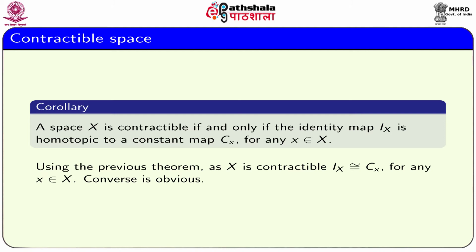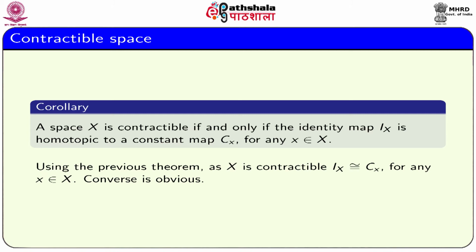Now, as a corollary to the theorem, we get the desired result, that a space X is contractible if and only if the identity map Ix is homotopic to a constant map Cx for any x belonging to capital X. This is what we were looking for. Now, how do I prove it?